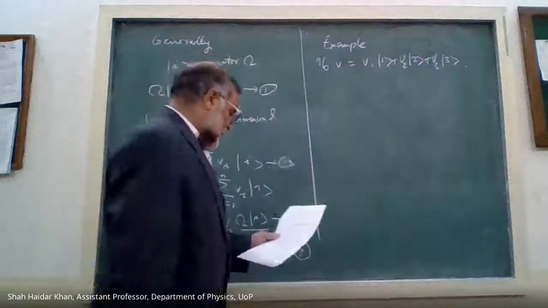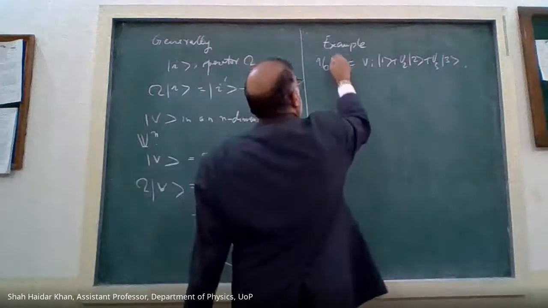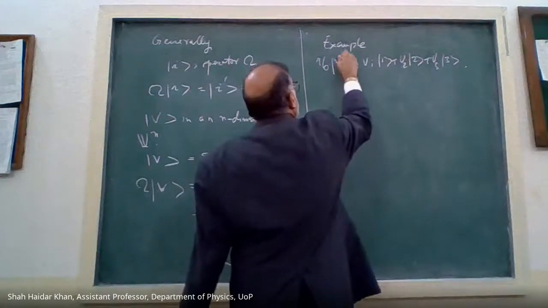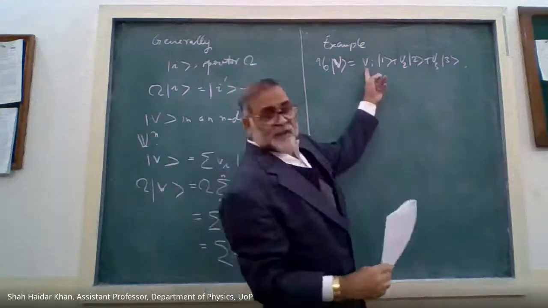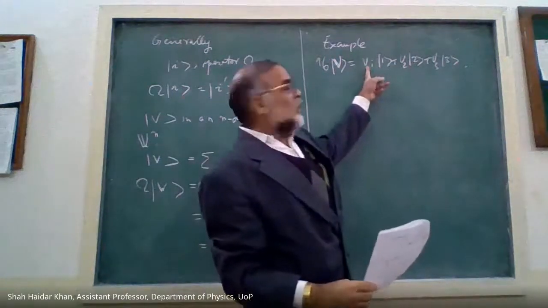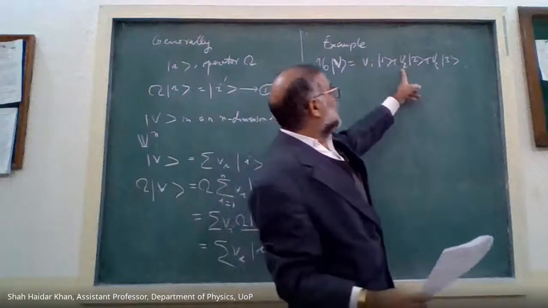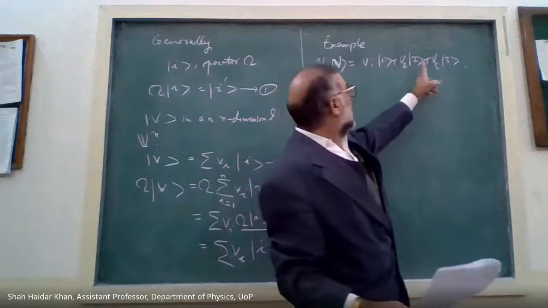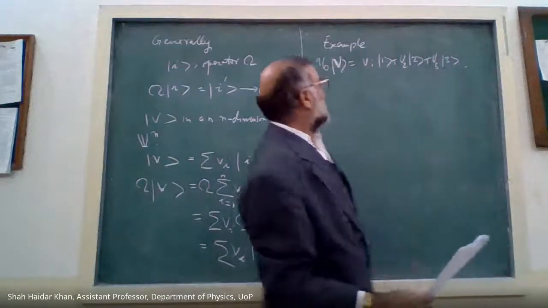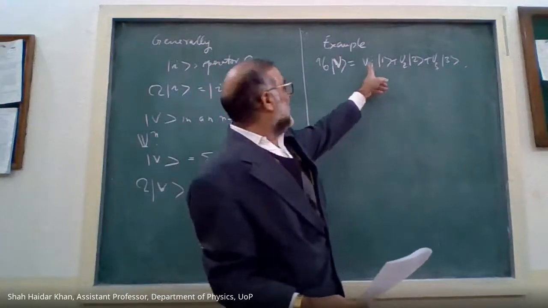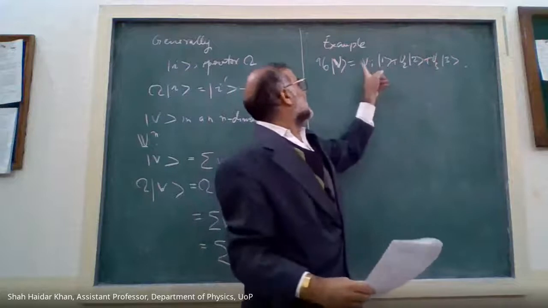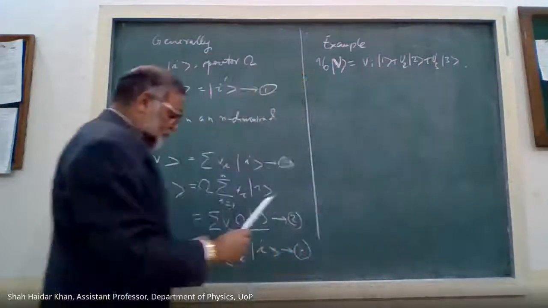That is a general case, V. And these are the components along one dimension, component along the other dimension, and component along the third dimension. These are kets, and these are scalar numbers.